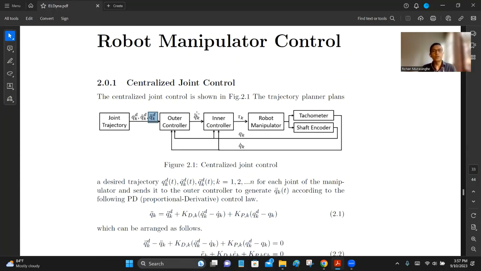And now Q double dot_k is not the desired one, but the command acceleration. So the outer controller is going to command the inner controller to get this particular acceleration out from the link, right? It may or may not be equal to the desired acceleration, okay? It could be slightly different.